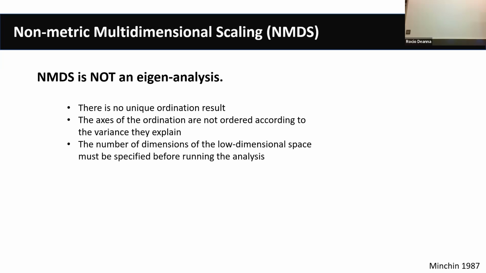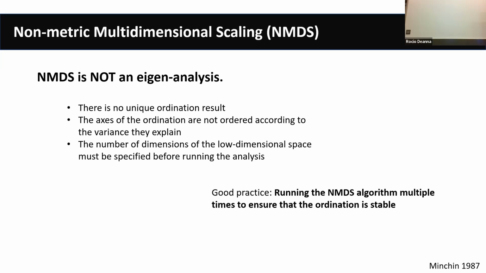The number of dimensions, we need to specify that once before the analysis. So a good practice is running this algorithm multiple times to ensure an ordination is stable, because we don't have a unique solution.